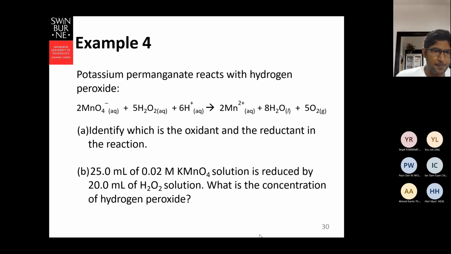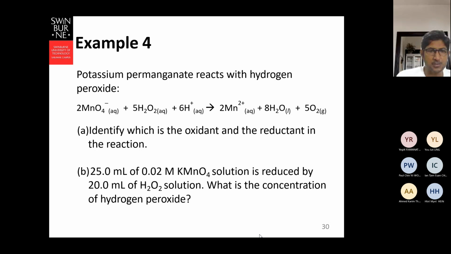All right. So from here, oxygen was negative 1, and it increased to 0. So the oxidation number increases, while manganese at positive 7 reduces to positive 2. That means it's reduced here, so it is used as an oxidant, and hydrogen peroxide acts as a reductant in this way.